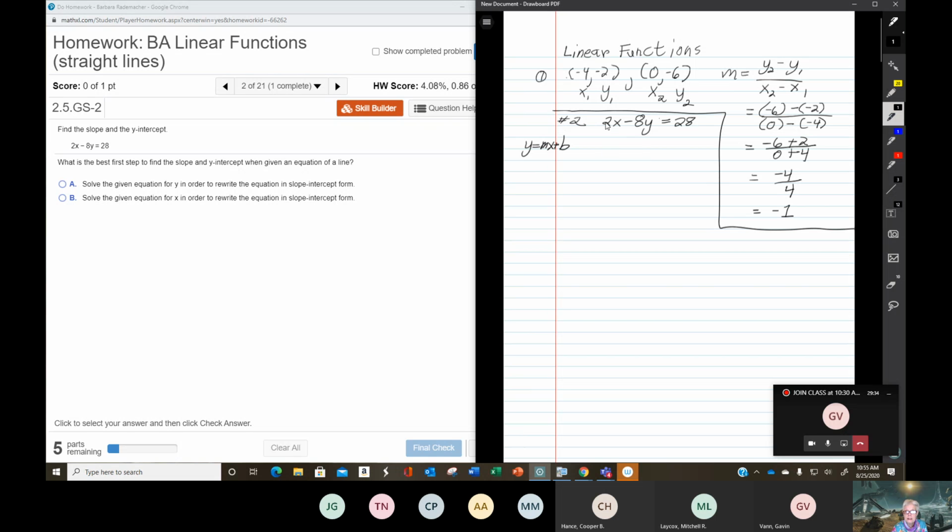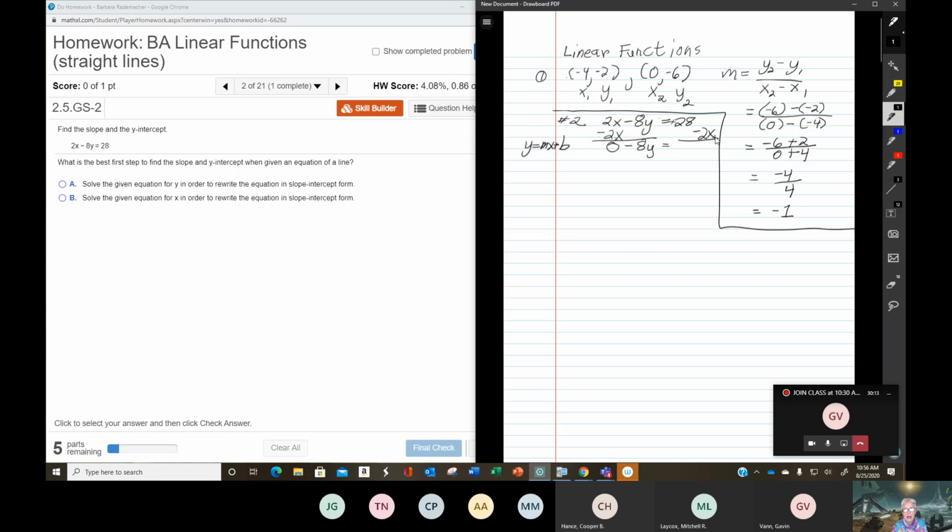So the first thing I'm going to do, since this is positive 2x, is subtract 2x from both sides of the equation. 2x minus 2x is 0, minus 8y equals. Now, notice this too: you've got a positive 28 here, just as though there were a plus sign in front of it. Terms always take the sign in front of them, so 2x is also taking the negative sign.